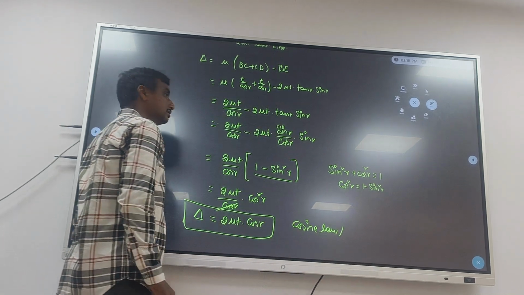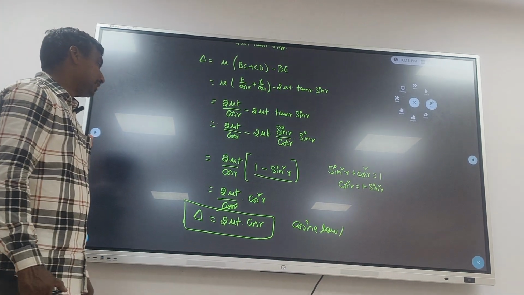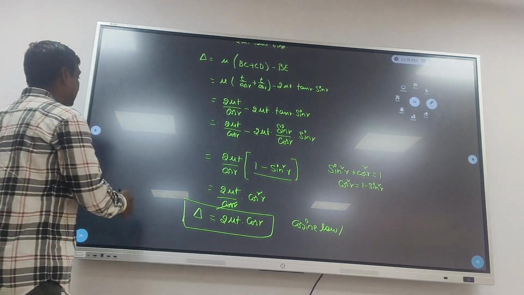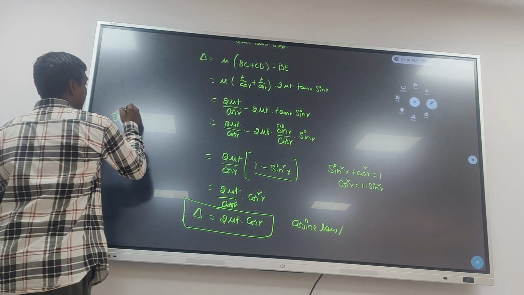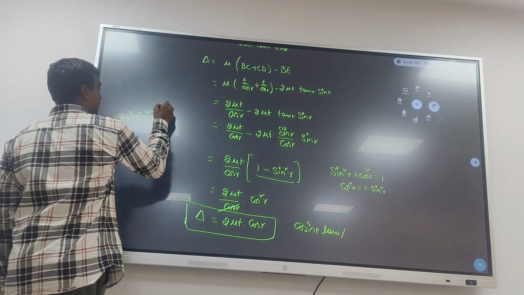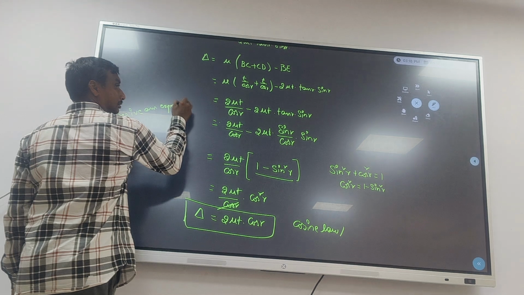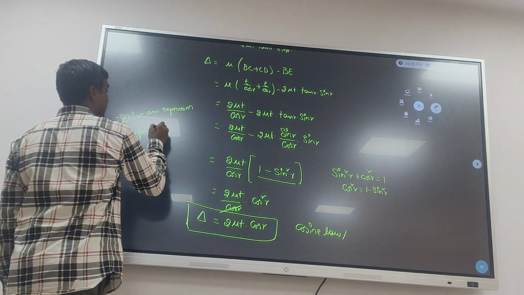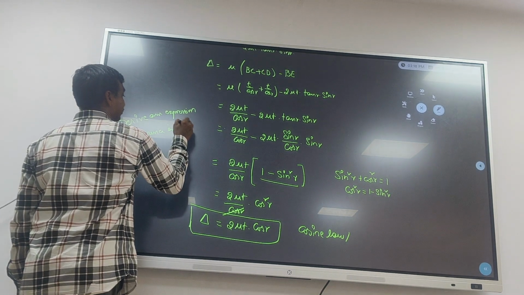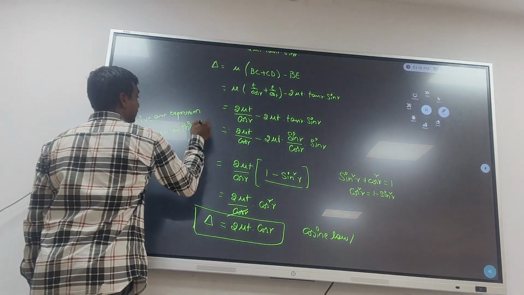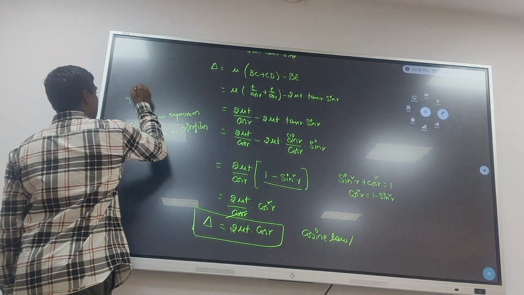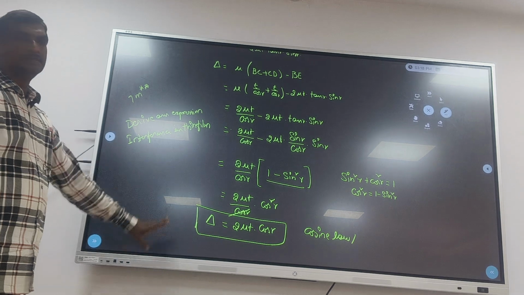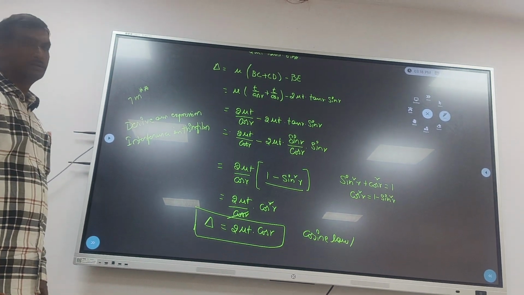In your examinations, the examiner can ask: derive an expression for interference in thin film. So he asks 7 marks for this. Very important question. This is the thin film expression. Clear?